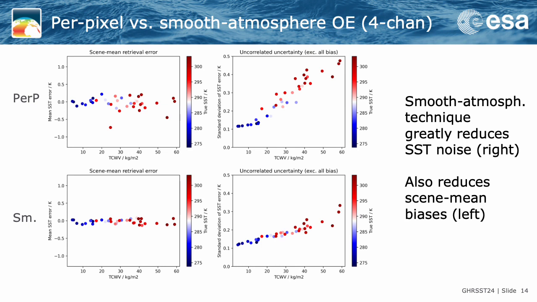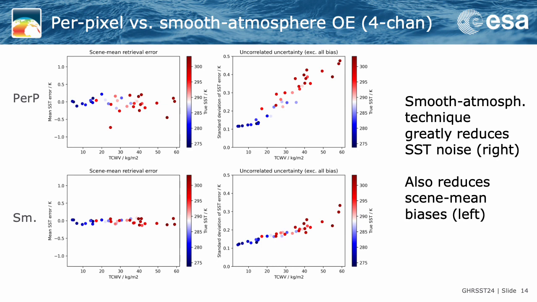Looking at the statistics across the 37 profiles, if I start on the right, you can see the expected reduction in noise applies right across the full range of total column water vapors that are in the sample. So the smooth atmosphere technique does greatly reduce SST noise as expected.